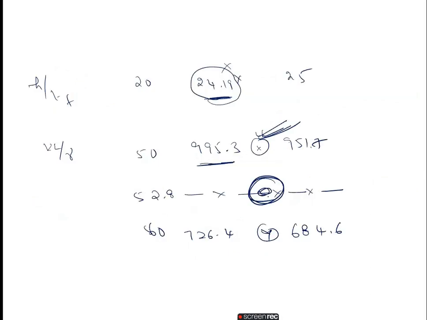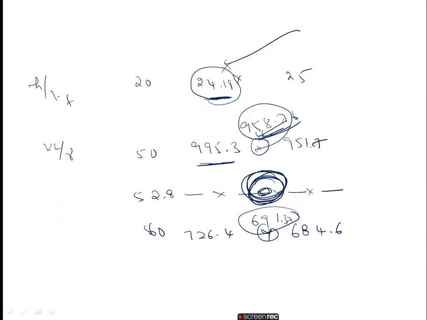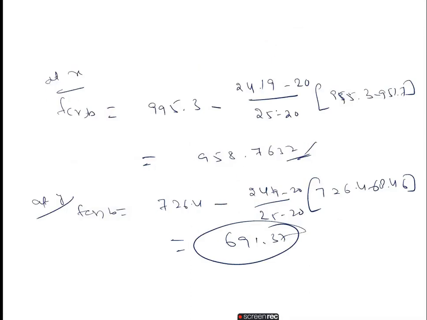Now you see here I got 958.76, and here I got 691.37. By using these two, you will get the value at the point O. Okay, I will write that.